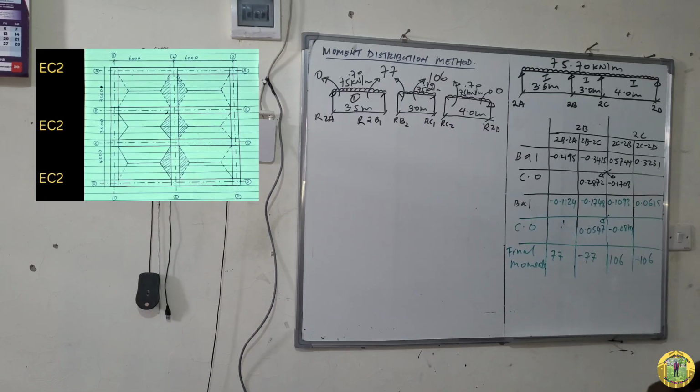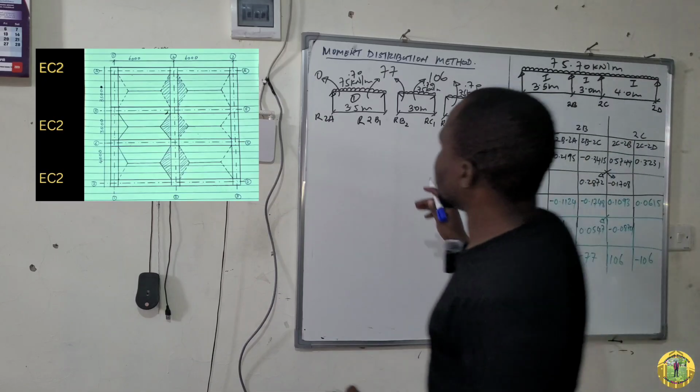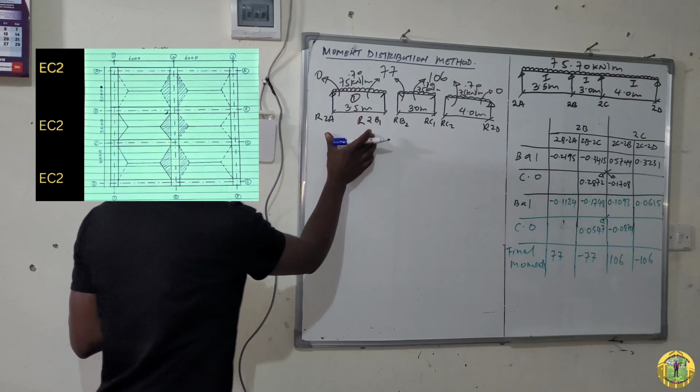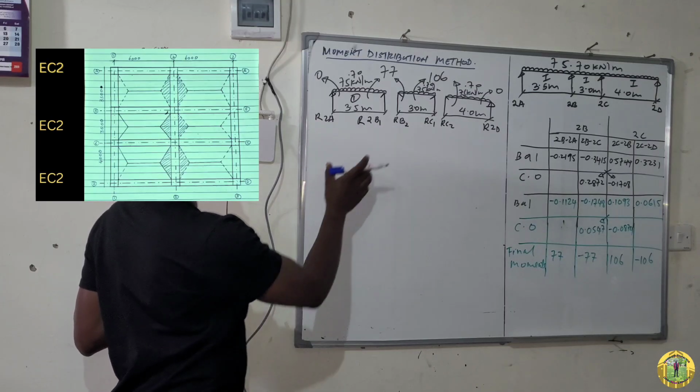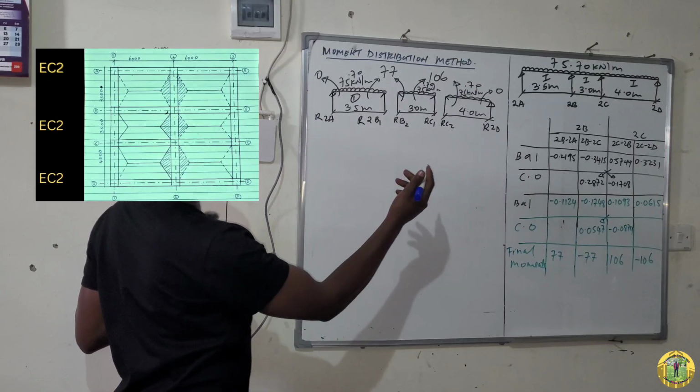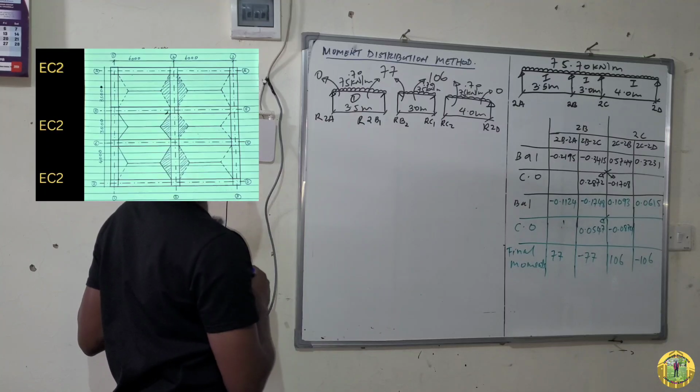We now proceed to the calculations. For the calculations, we'll start by calculating the reactions for a simple beam, this one. Remember, we have split the beam into simpler beams.